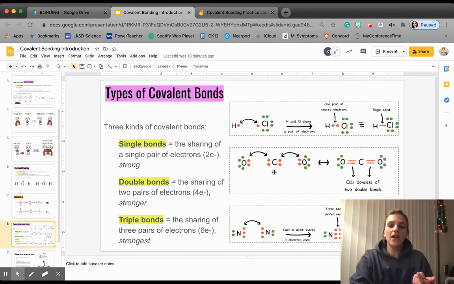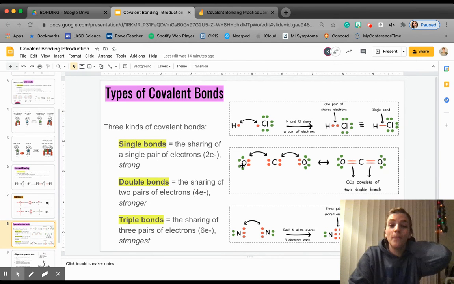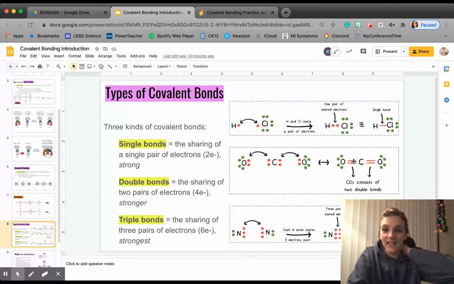But if you have atoms that need to share multiple pairs, take a look at what that looks like. For example, in carbon dioxide, carbon is going to share 2 pairs of electrons with oxygen. And notice there's 2 lines here. We call this a double bond. So this double bond is a little bit stronger than this single bond from hydrogen and chlorine.